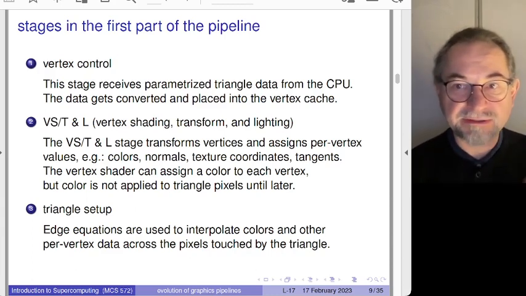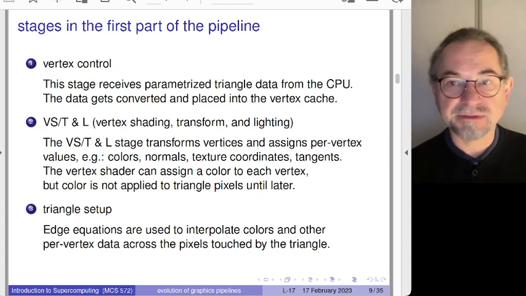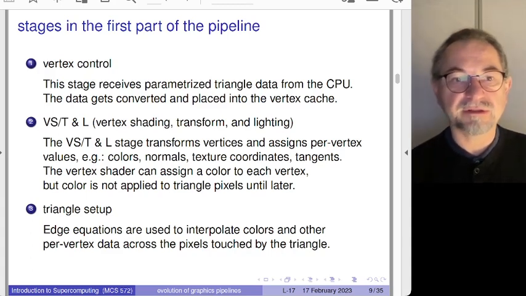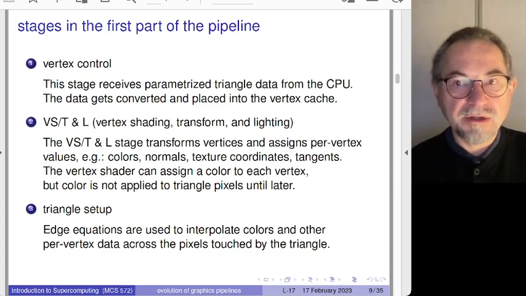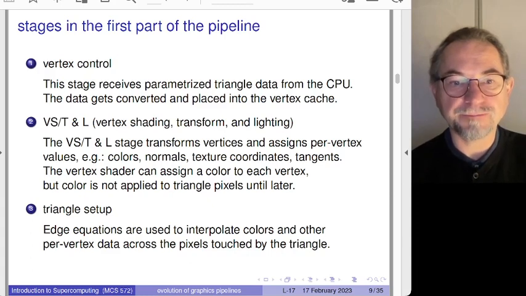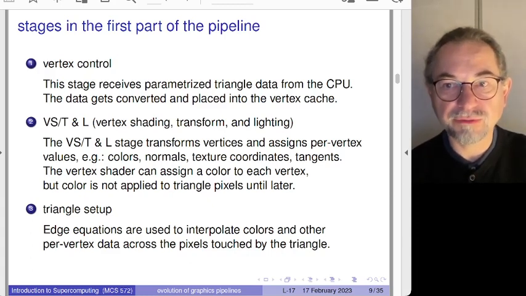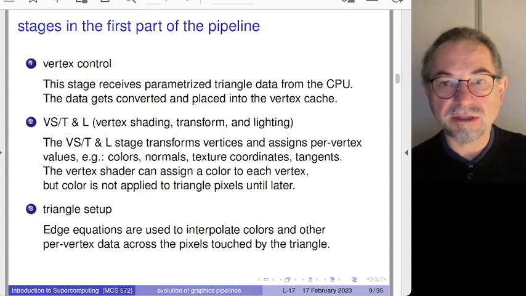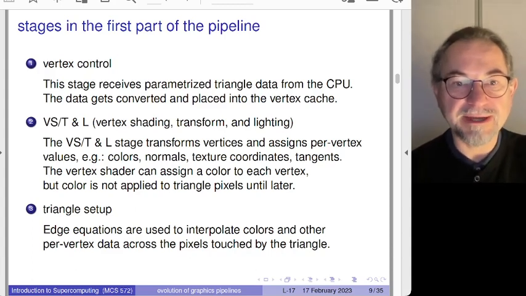Then at a later stage, there will be the pixels inside and outside the triangle that will be colored as well. So a triangle is defined by corners and edges. So one has in the setup the data that is associated with the edges. And also one needs to know which pixels are along the edges.